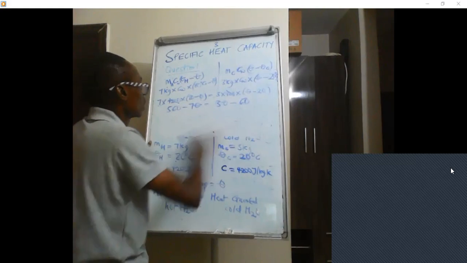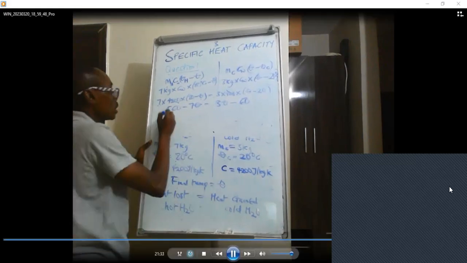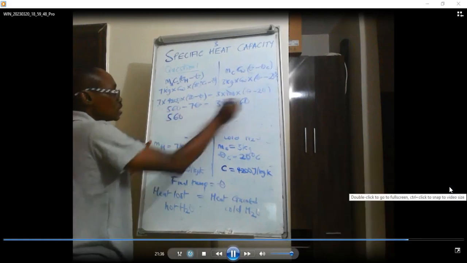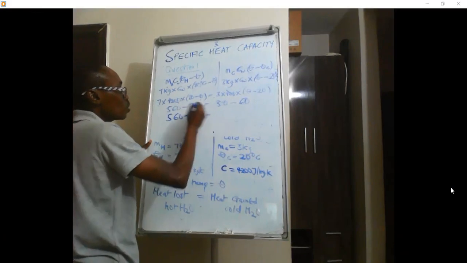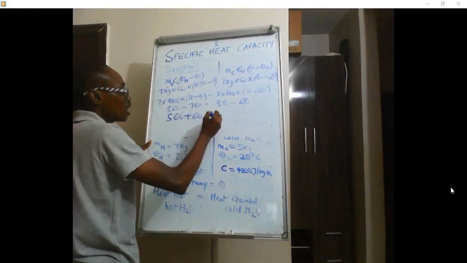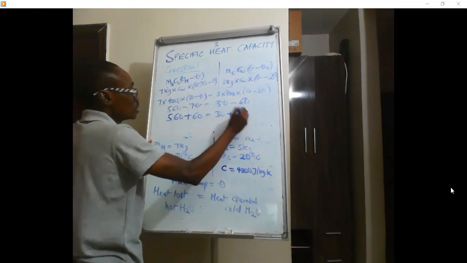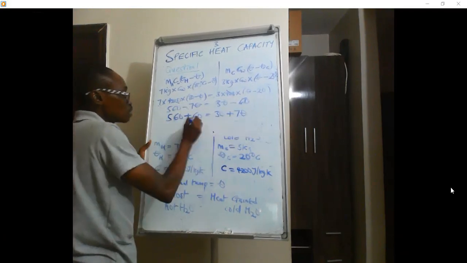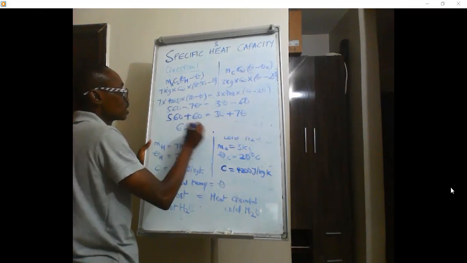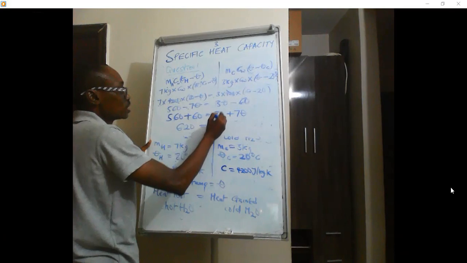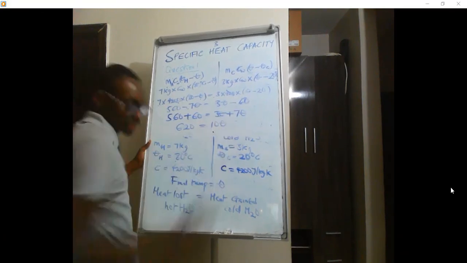So collect like terms. 60 comes over here and becomes plus 60. Minus 7 theta goes to this other side and becomes plus 7 theta. 560 plus 60 is 620. 3 theta plus 7 theta gives you 10 theta.